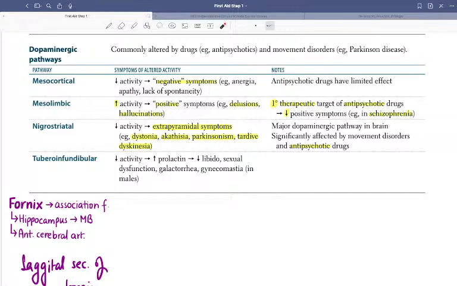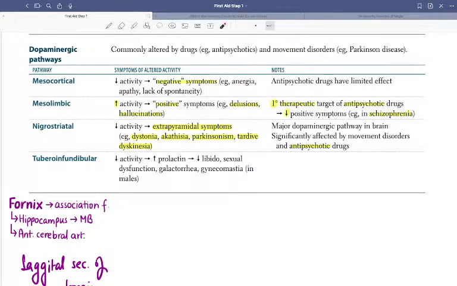Now see, how is this table important in psychiatry? Obviously it is commonly altered by drugs and movement disorders, your Parkinsonism, but it has a lot of utility in schizophrenia. We are doing neuro, but we'll also be doing eye, ear, ophthalmology, ENT, and even psychiatry to some extent along with neuro, because I'll try my best to do as much neuro as possible.